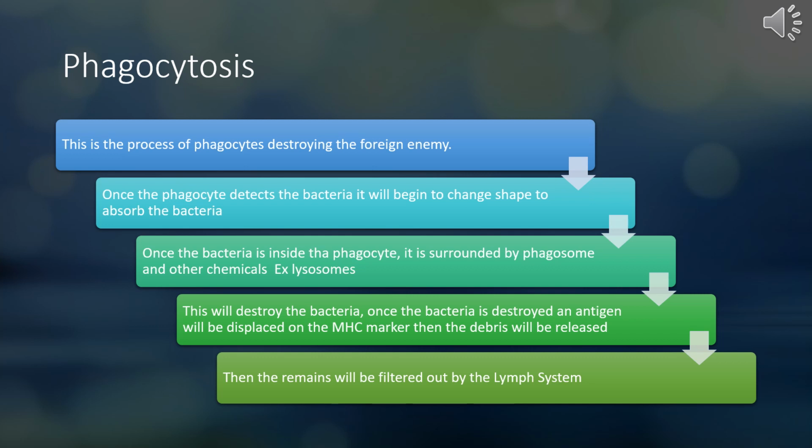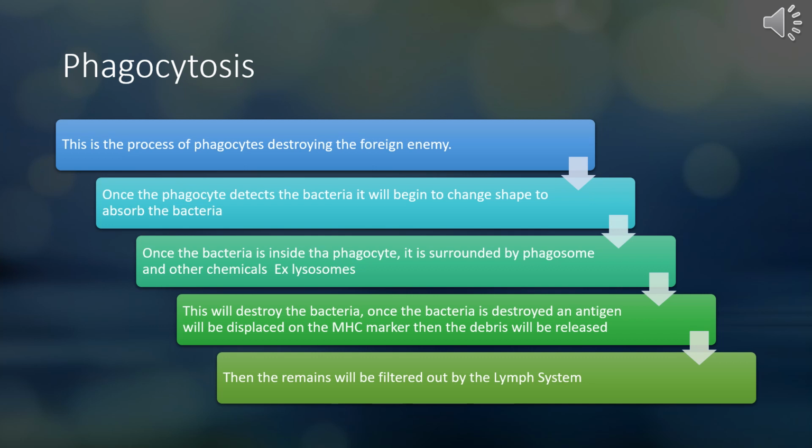So the next step is going to be phagocytosis, which is pretty self-explanatory concerning that it deals with phagocytes. This is the process by which the phagocytes actually destroy the foreign enemy. How it starts out is once the phagocyte attacks the bacteria, it will begin to change shape and absorb or eat the bacteria. It just surrounds it and engulfs it. Once the bacteria is inside the phagocyte, it is surrounded by phagosomes and other chemicals such as lysosomes that are poured onto the bacteria that is engulfed.